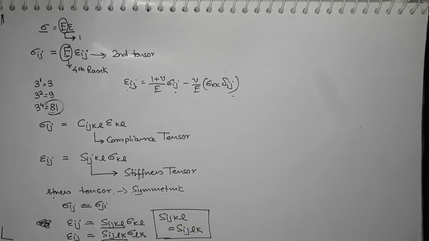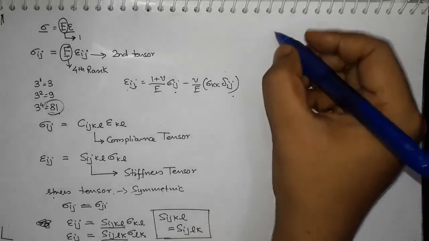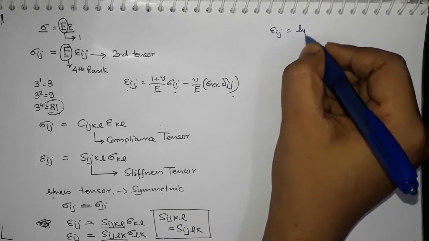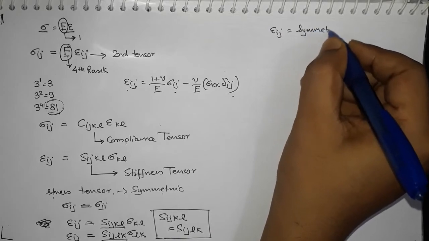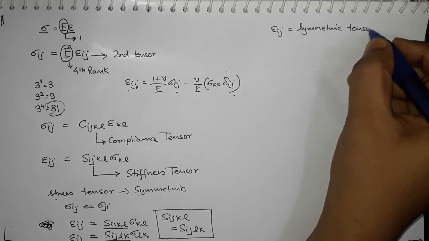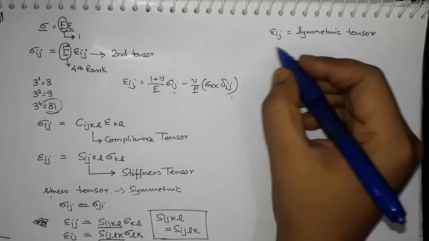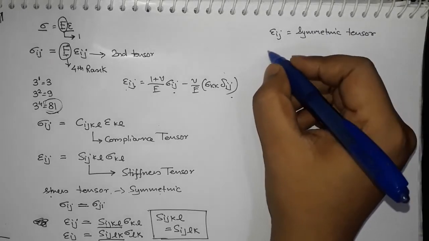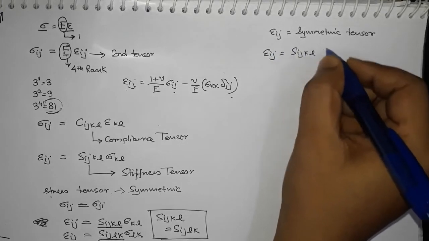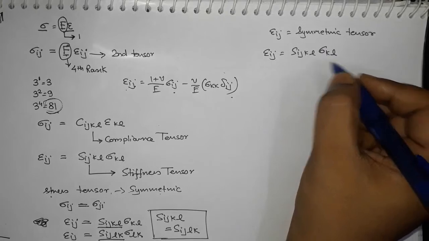So this is true. Now similarly, we know that strain is also a symmetric tensor, right? So now we can write epsilon ij is equal to Sijkl sigma kl, right?